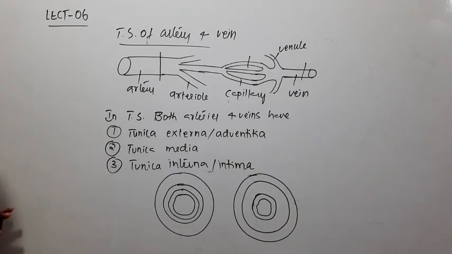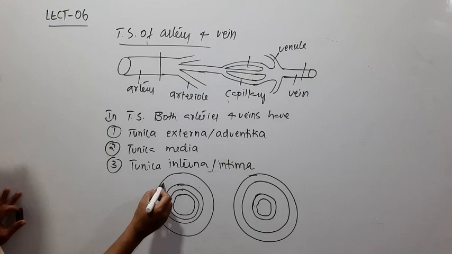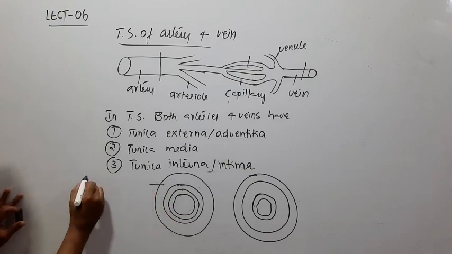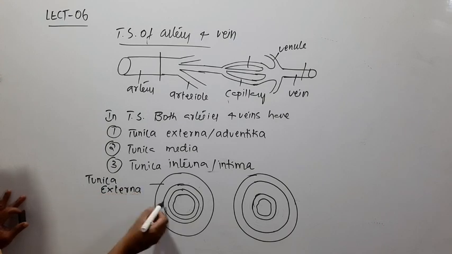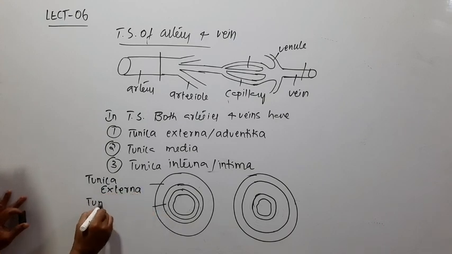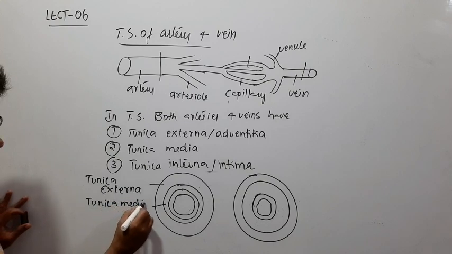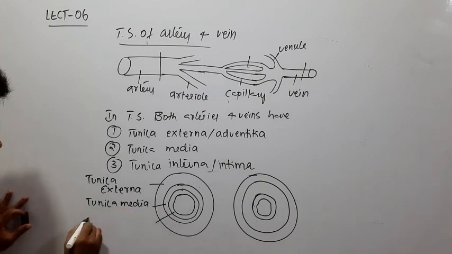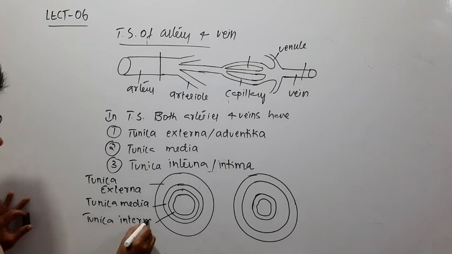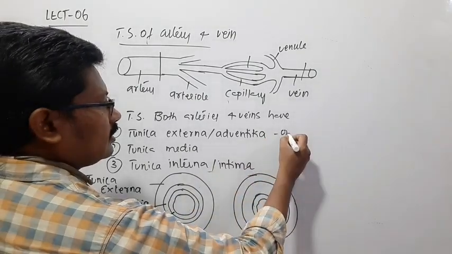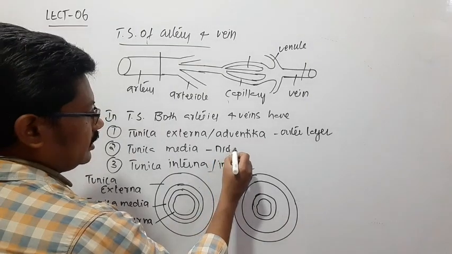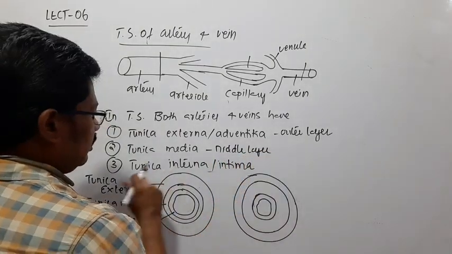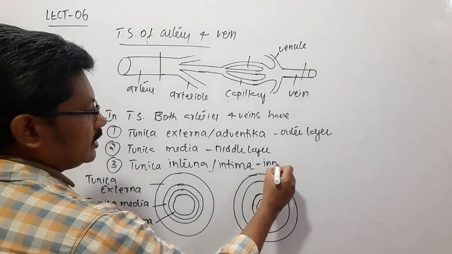So I have drawn the diagrams here. This is the tunica externa, this one is tunica media, and this is the innermost layer, that is tunica interna. This is the outer layer, this is the middle layer, whereas tunica interna is the inner layer.